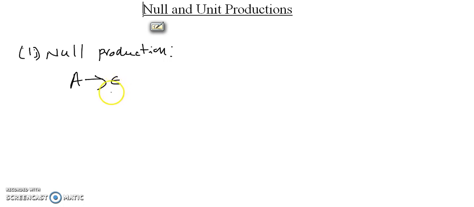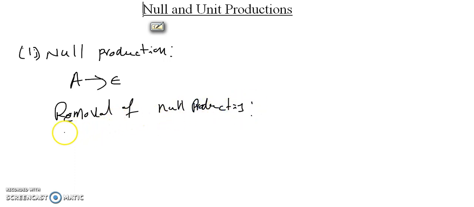It is also called useless production. And how to remove this null production for the given productions? The removal of null productions.